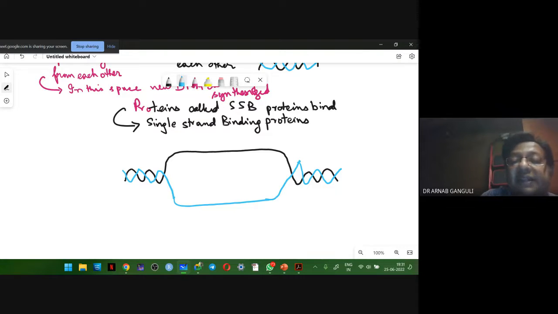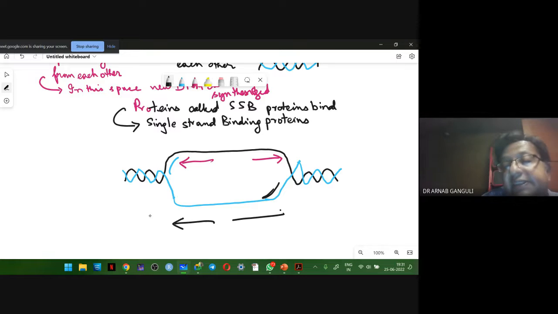Now when the two strands are opening, one in this direction, another in this direction, synthesis is taking place in this direction, DNA is being synthesized, and the strands are being unwound in this direction.